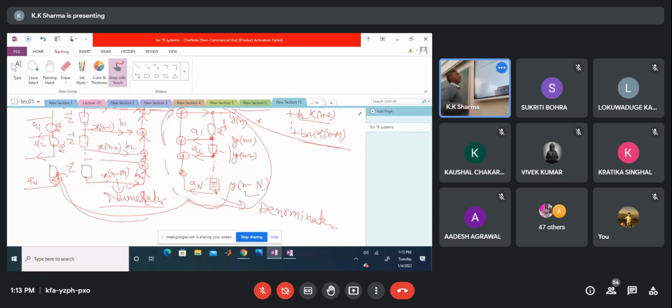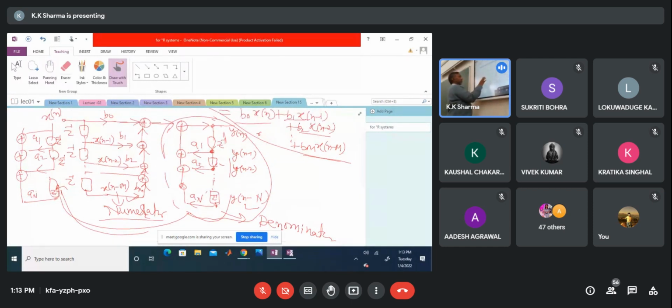Agreed? This entire block is shifted and plotted. Of course, you have to add that. Now, do you see this delay element is common? So these delay elements can be combined together. Now, when you have shifted, you have to remove it from here.